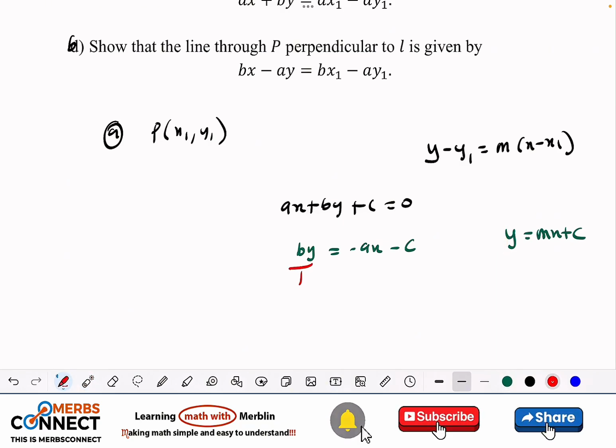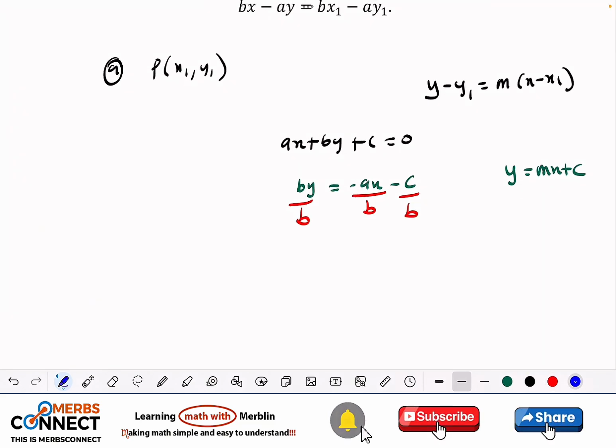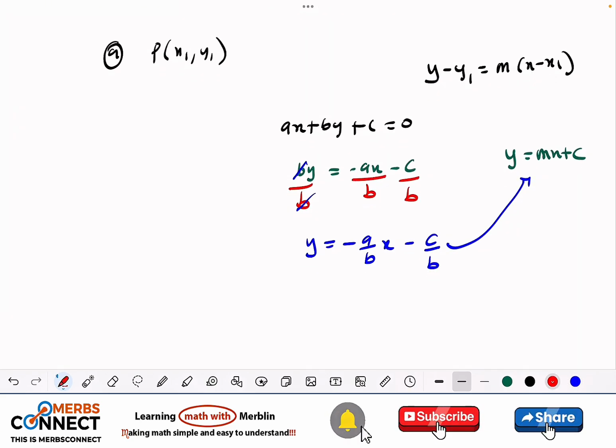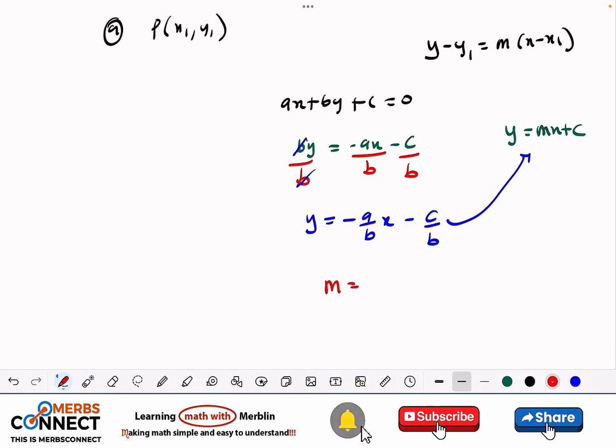Divide this by b, this by b, this by b. So we are going to have y equal to, this will cancel that, y equals minus a over b x minus c over b.